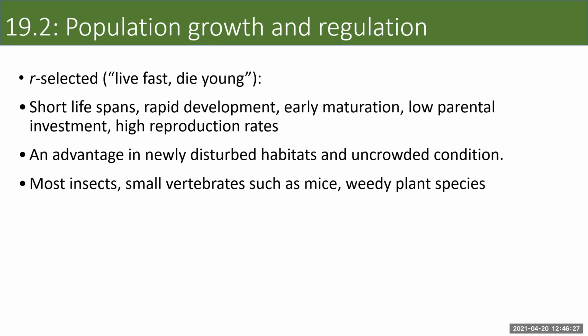Whereas if you had, say, one offspring per year and it took a long time to become mature, you can't take advantage of those undisturbed habitats relatively quickly. And so most insects, small vertebrates, like mice, weedy plant species, some fish species, they represent that R-selected life history strategy.